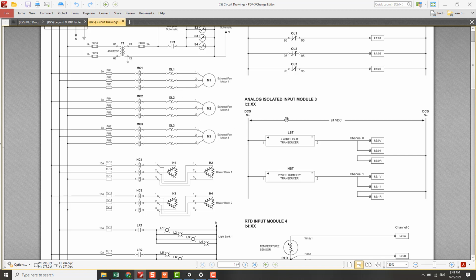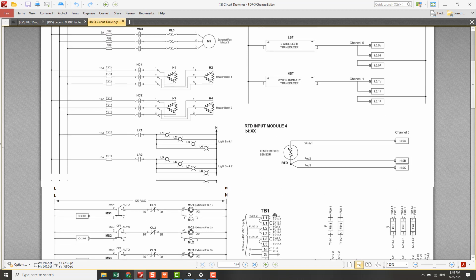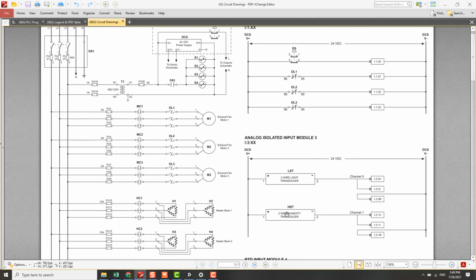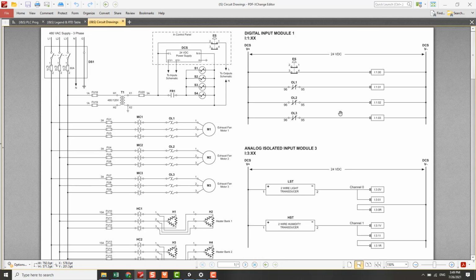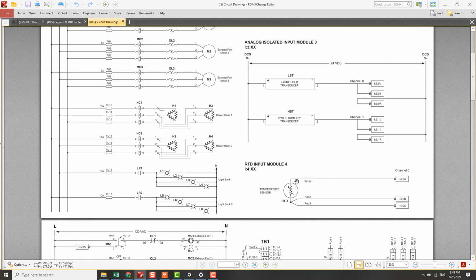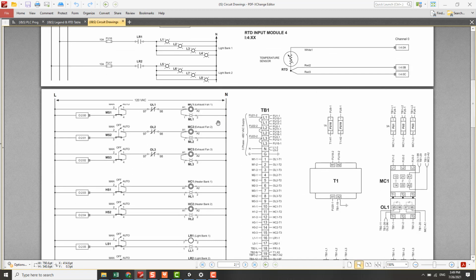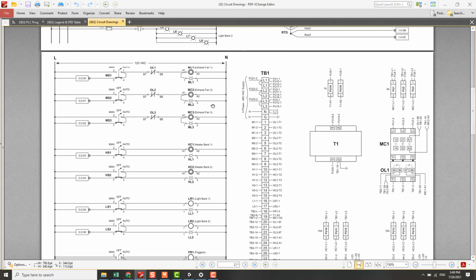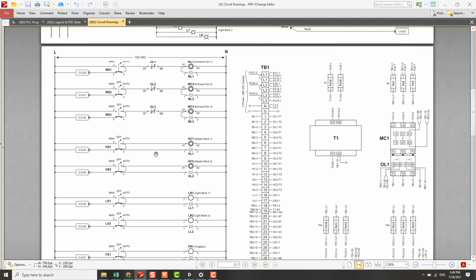Okay, this is a schematic diagram. So now we can look at the schematic diagram for the control diagram. The schematic control diagram can be further subdivided into a few types: the PLC input circuit, which covers the PLC digital input circuit, the PLC analog input circuit, and the PLC RTD input circuit, as well as the PLC output circuit.